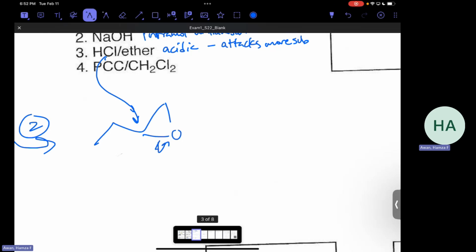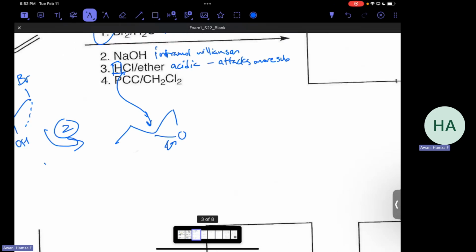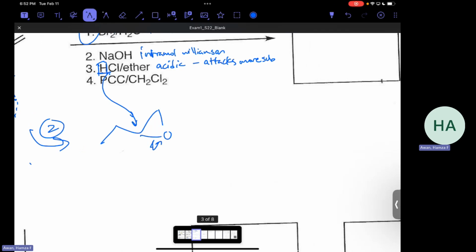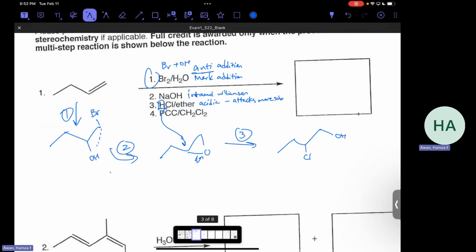That's going to break this bond with this oxygen and push it off, and it's going to protonate this oxygen with the hydrogen from HCl, right? So that's going to become an OH, and you're going to have a chlorine right over here. What that's going to look like is like this, OH, and then we'll put our Cl right there.